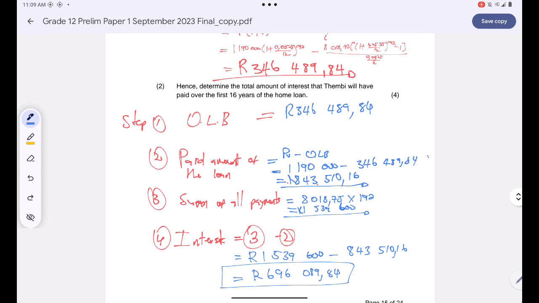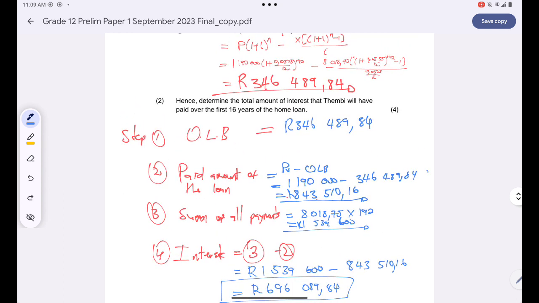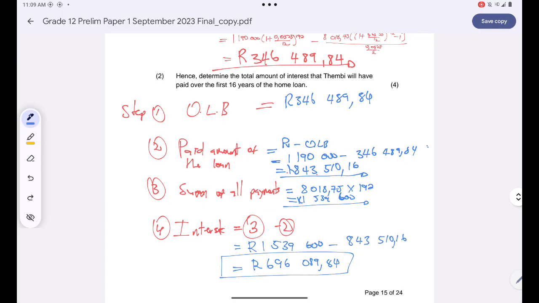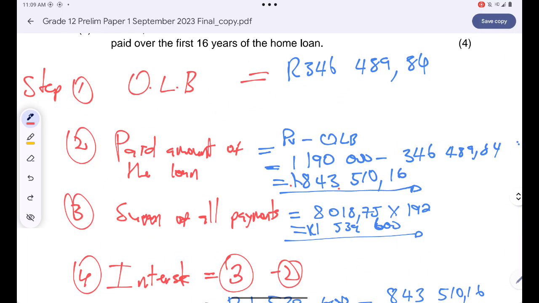Let me take you step by step, guys. The first step we need to do, whenever I calculate the interest paid, find the outstanding loan balance. After finding the outstanding loan balance, find the paid amount of the loan. How do you calculate the paid amount of the loan? Take the value of the loan minus the outstanding loan balance. Then step number 3, just calculate the sum of all your payments.